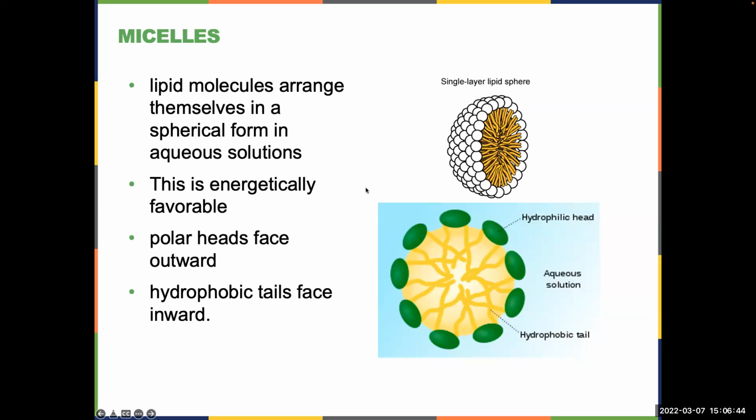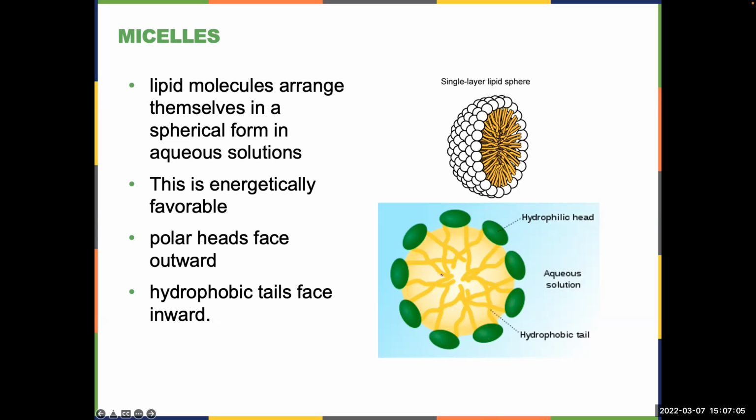So when you put phospholipids into water, all the tails are going to orient together to hide from the water, and all the heads are going to be on the outside facing the water. And so we call this a micelle. It's like a droplet.